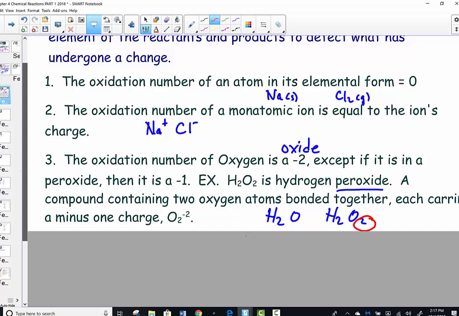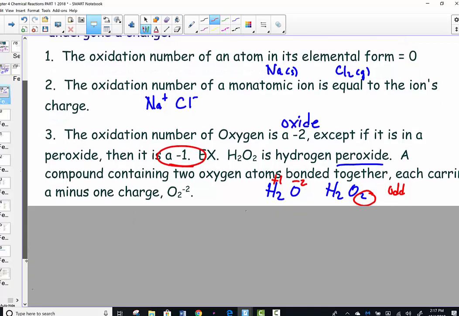H2O2 looks like an odd formula when I know it should naturally be a +1 -2 for hydrogen and oxygen. When you notice that odd configuration, and it doesn't happen but a fraction of the time, 99% of the time, oxygen's always a -2, unless you see a peroxide, and now it becomes a -1 overall.